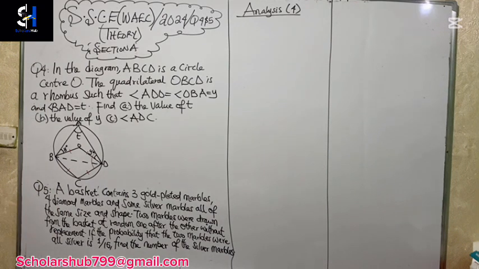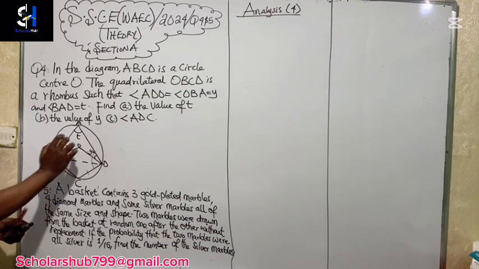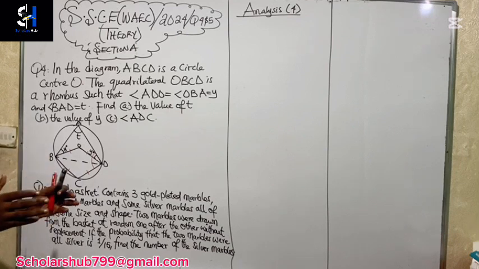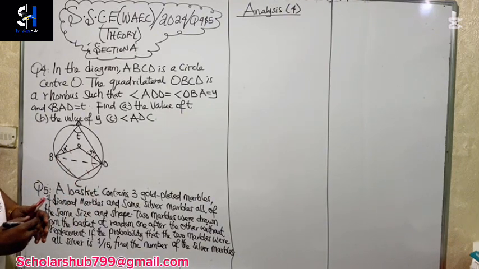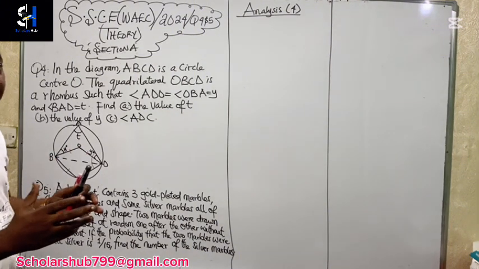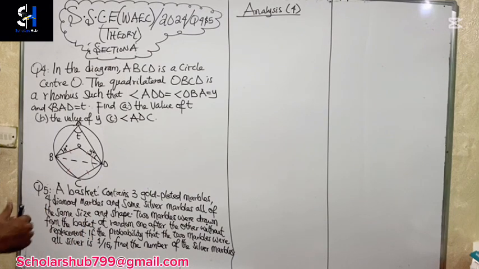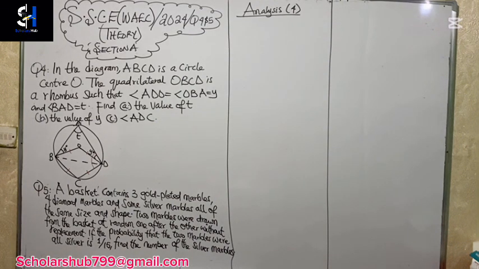Like I said, the first thing here is we want to find the value of T. So let's pay attention to letter T, because the first question is that we should find the value of T. To be able to solve for T, we're going to apply some theorems from circle theorems. So we're going to apply them to be able to solve for letter T. Now let's see how that works out.